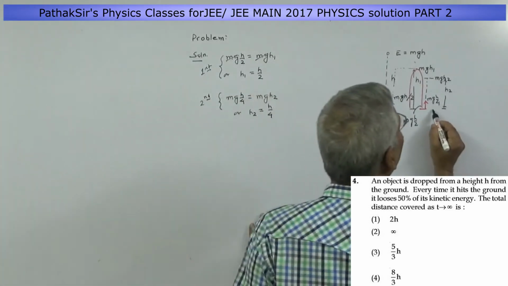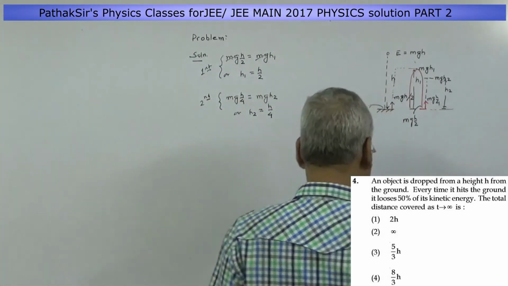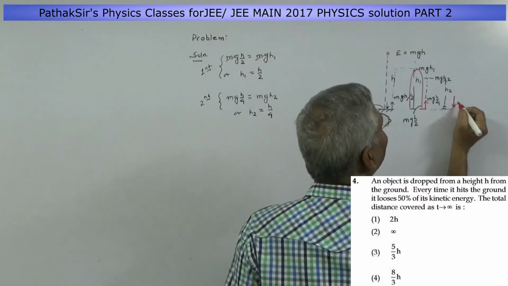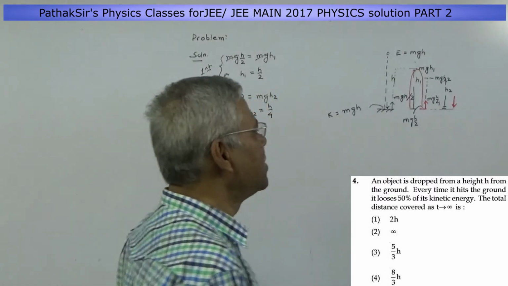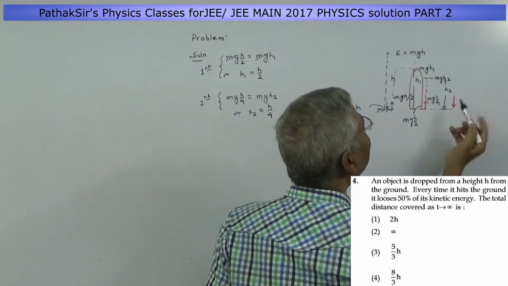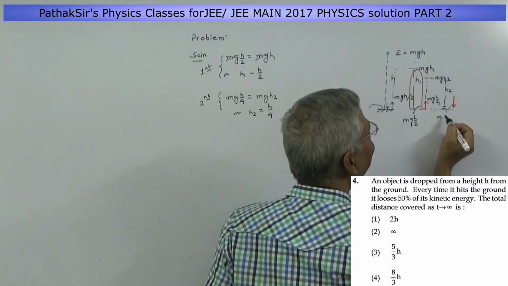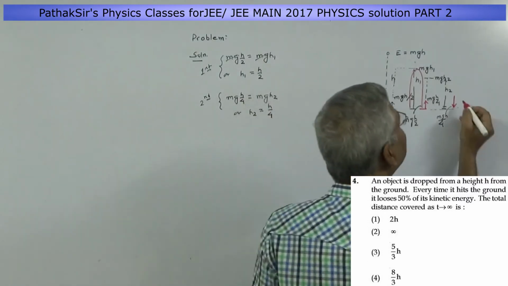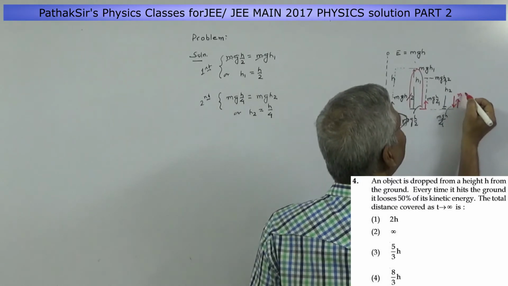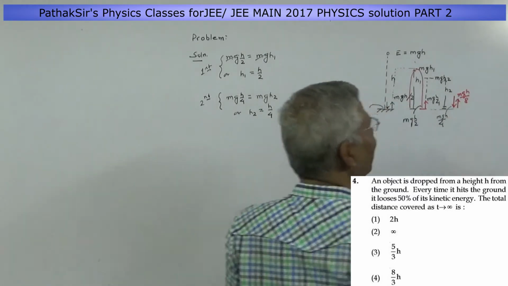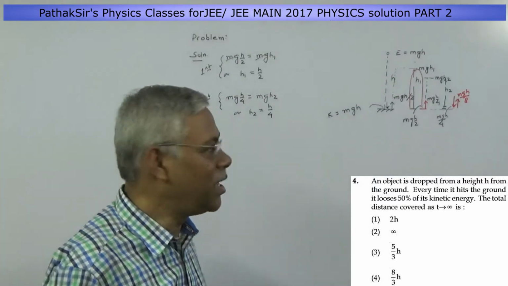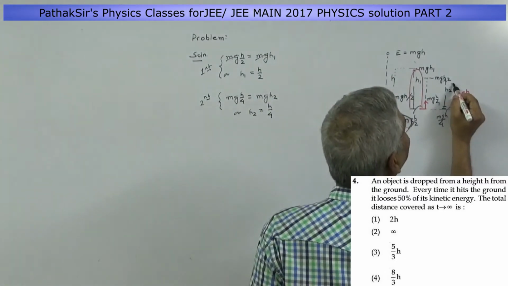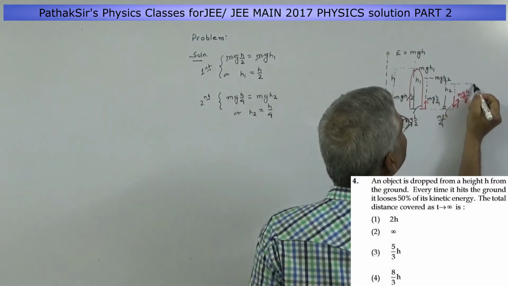Now consider one more collision. For the third collision, it will hit with energy mgh by 4, and it will rebound with energy mgh by 8, because half of the energy will be lost. So it will rise to a height h3.